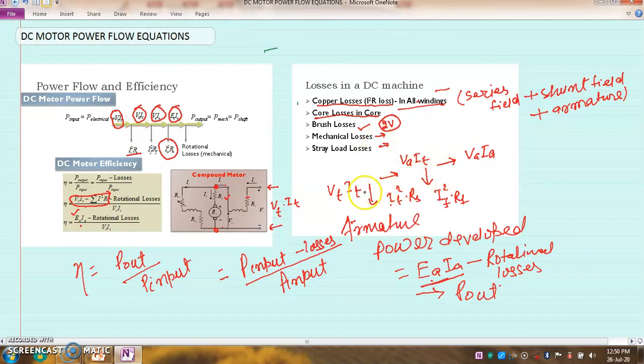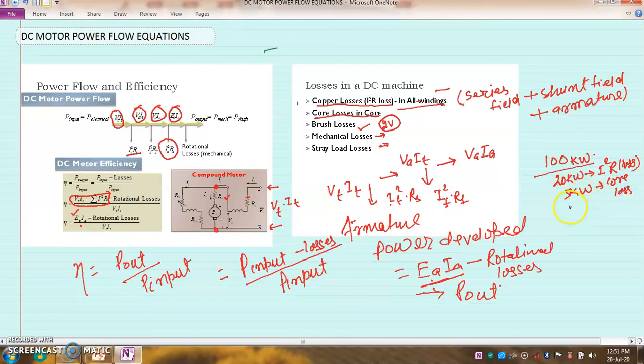Suppose we want to find these stray losses. Suppose you are giving 100 kilowatt input, and suppose 20 kilowatt goes into losses like series losses, I square R losses. Then core losses, suppose 5 kilowatt goes as core losses.